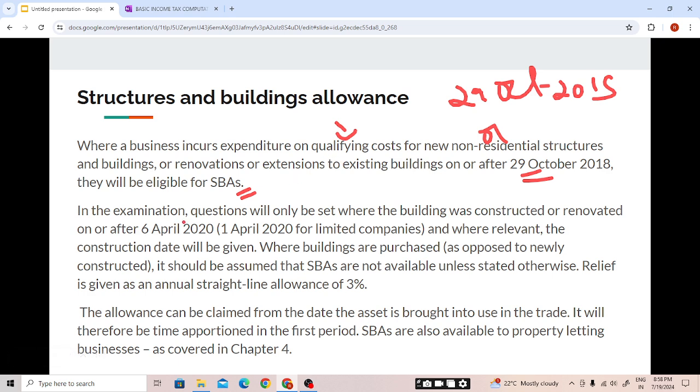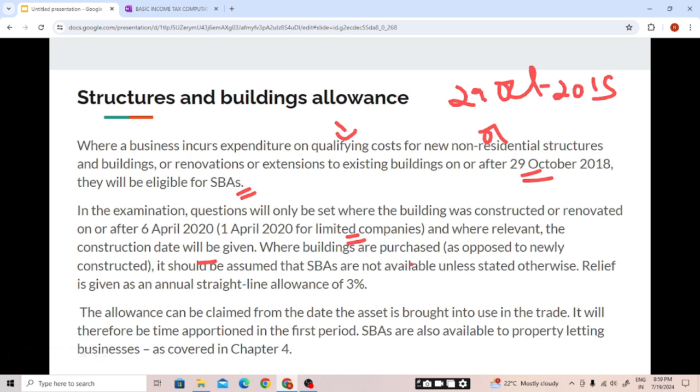In the examination, questions will only be set where the building was constructed or renovated on or after 6th April 2020, 1st April 2020 for limited companies. So in the question, it will always be stated that the expenditure has been incurred on or after 6th April, and where relevant the construction date will be given.